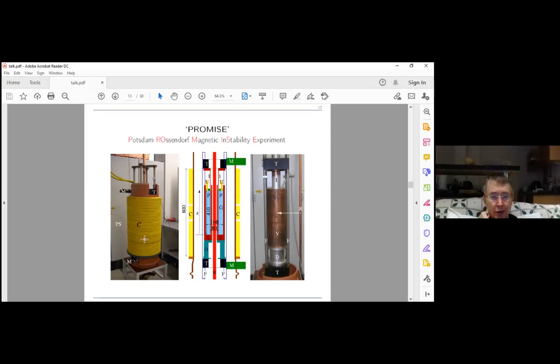Then there are the Helmholtz coils that generate the axial field, and there is the rod that goes into the central axis to generate the azimuthal field.